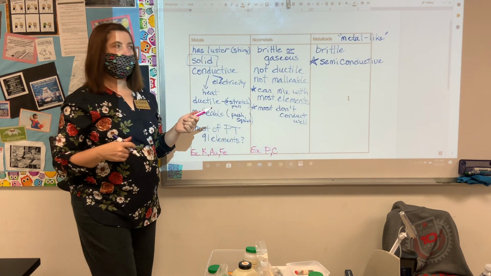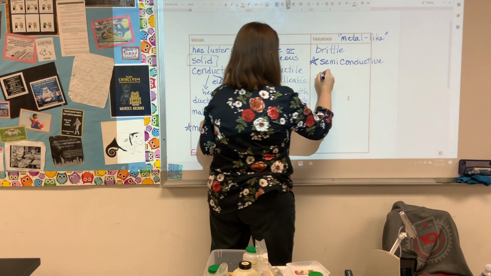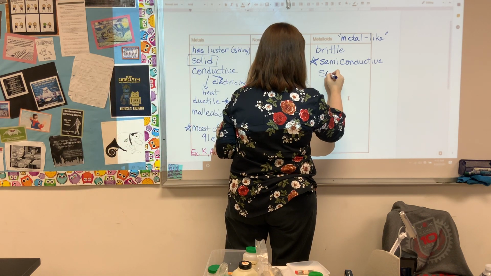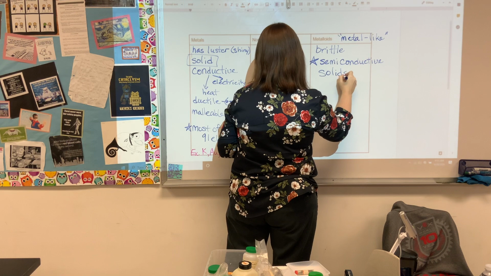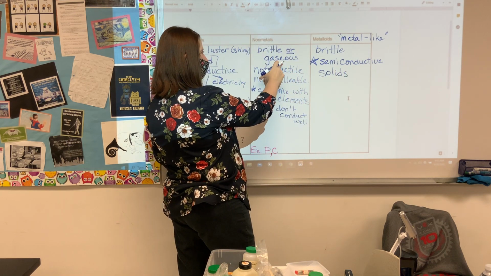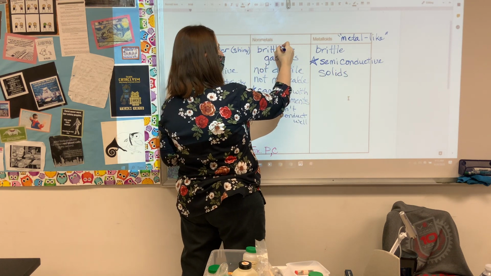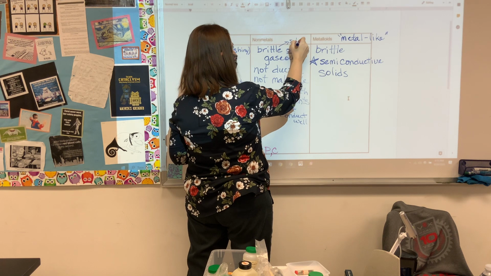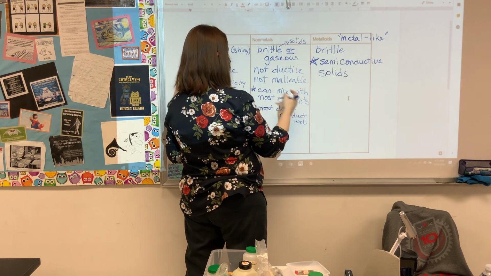They're solids at room temperature. Okay, so once again we have solids. These ones we said they were gaseous or they were brittle. If they're brittle, really that means that they're solids too, right, for the nonmetals.